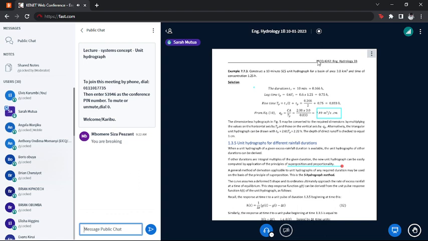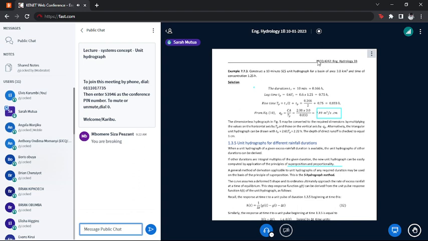What do we mean by superposition? A sum of two solutions is also a solution. What is proportionality? A multiple of a solution is also a solution. Basically, that is what the principles mean.